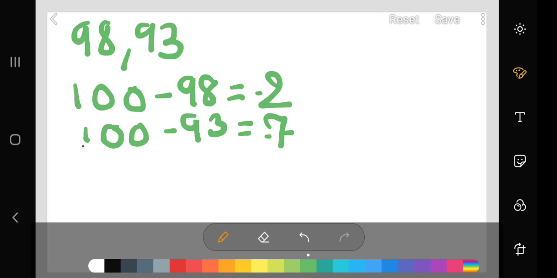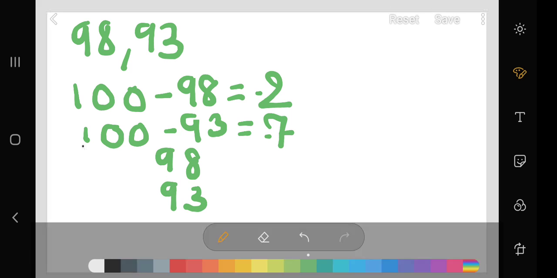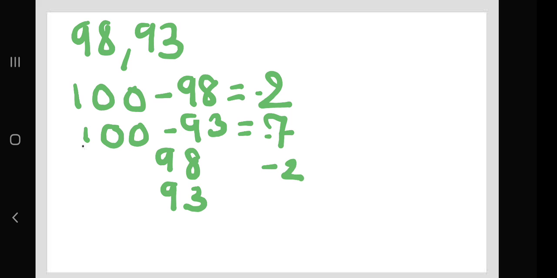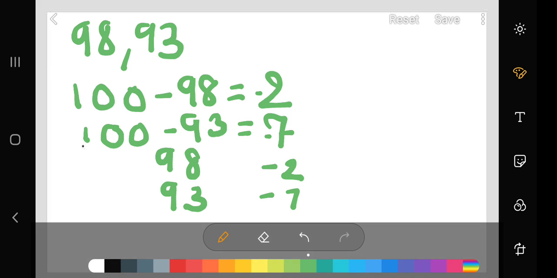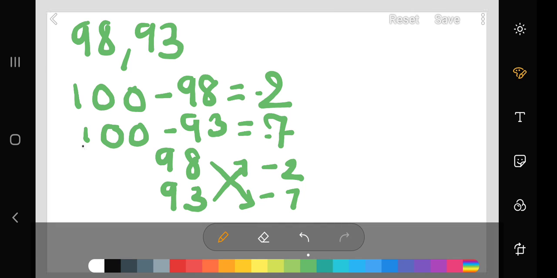The next step is we will put a cross sign. So 98, 93, minus 2, minus 7. We are putting the cross sign here, which shows that 98 and minus 7 are together and 93 and minus 2 are together.